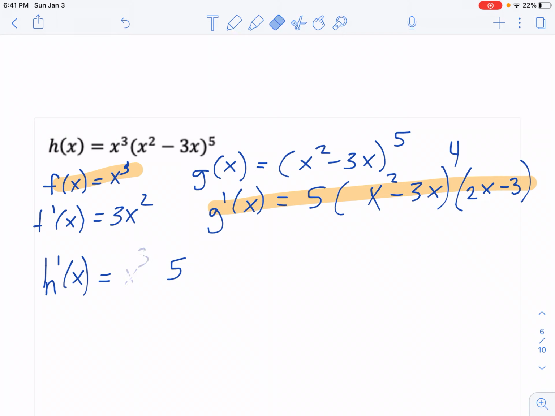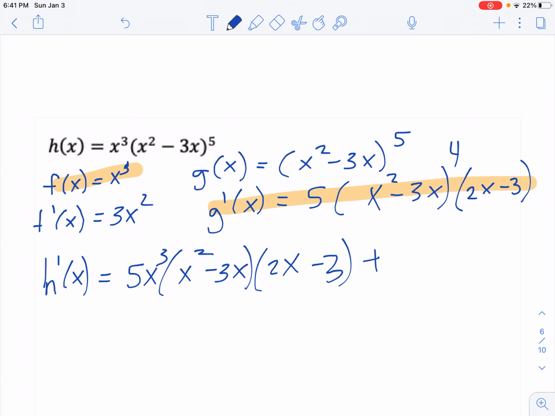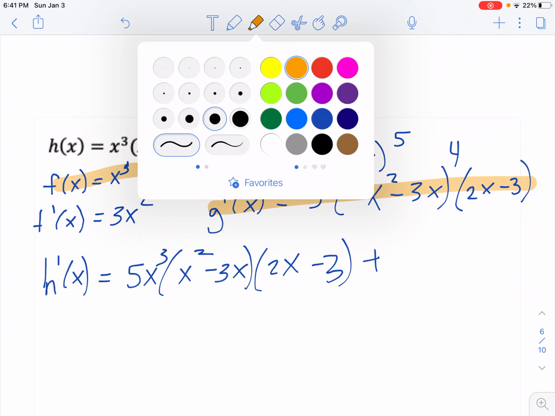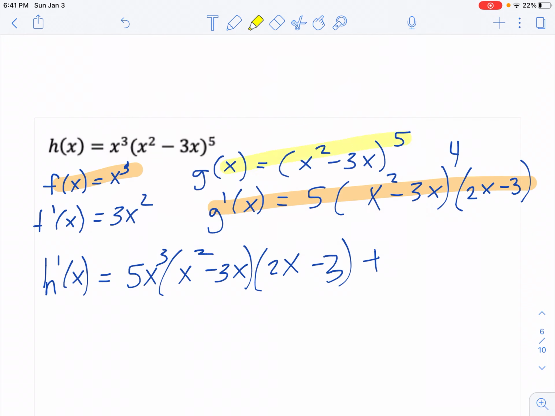Actually, I'm just going to write this as 5x cubed. Plus the second function times the derivative of the first. And I'm just going to leave it like that.